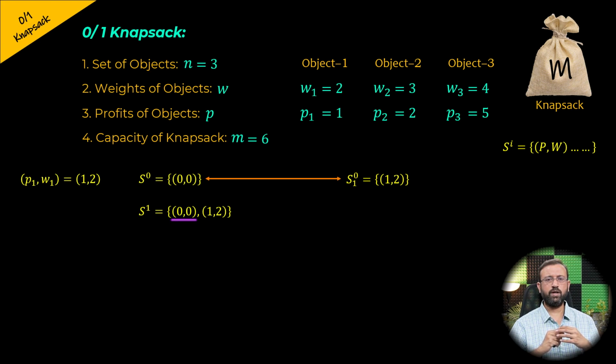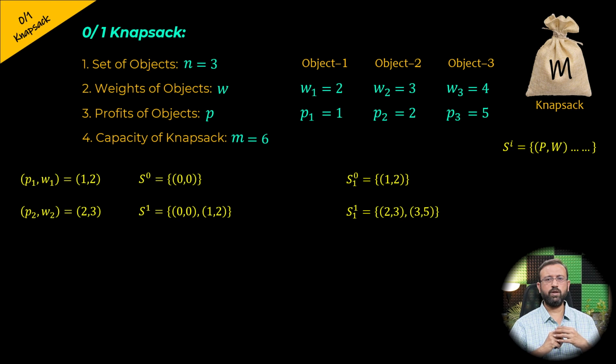So here we have set S1 containing 2 pairs of profit and weight, that is 0, 0 signifying object 1 is not included and 1, 2 signifying object 1 is included. Then to set S1, we add the second object with profit 2 and weight 3 by creating a set S11 and including the pair P2 W2 of the second object, which is 2, 3.